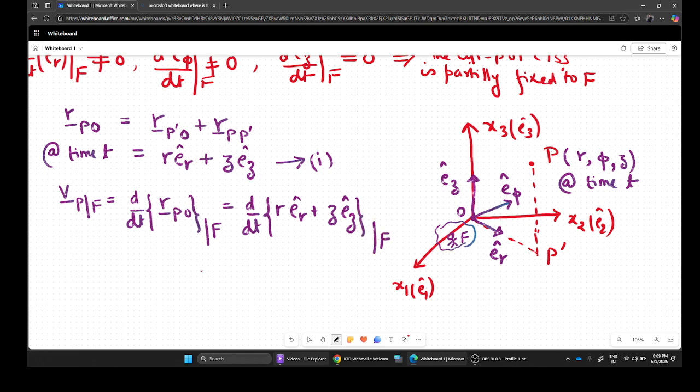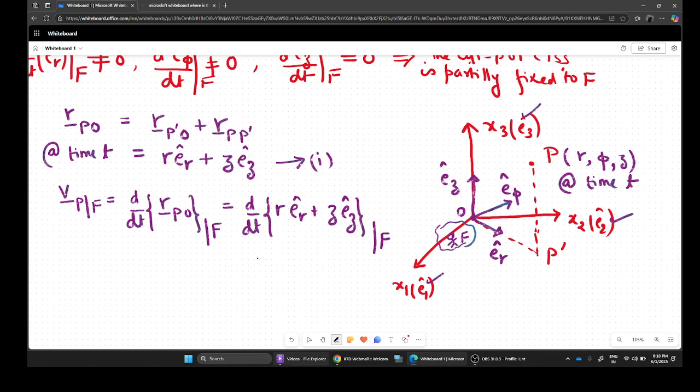I am going to use the product rule of differentiation. However, this time we should be careful because some of the unit vectors do change with respect to F. In a frame fixed Cartesian coordinate system, you can ignore the time derivative of the native unit vectors of the Cartesian coordinate system. The rate of change of unit vectors E1, E2 and E3 with respect to F frame are 0.